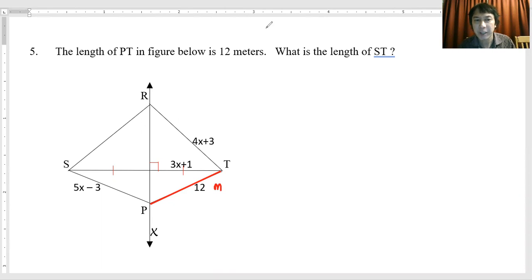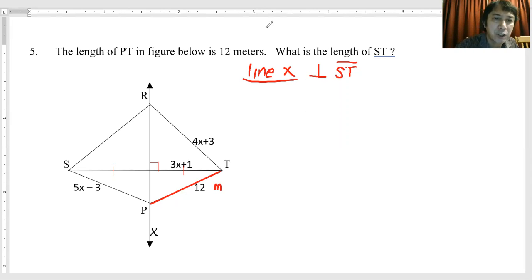We have a line X, which is a perpendicular bisector of segment ST. That means line X is perpendicular to segment ST, so line X divides ST into two equal parts at right angles.